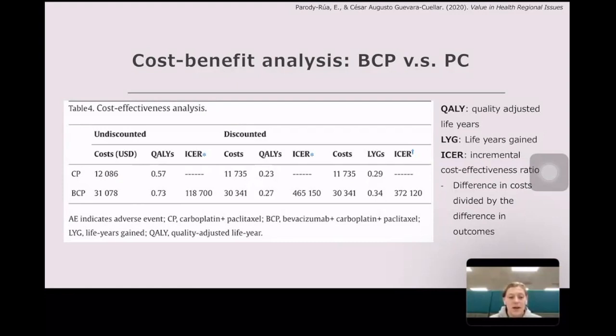These two factors can be accounted for in the ICER, which is well over $400,000 for quality adjusted life years and more than $300,000 for life years gained. In conclusion, the addition of Avastin in treating non-small cell lung cancer may not be worth the price for such little gains.